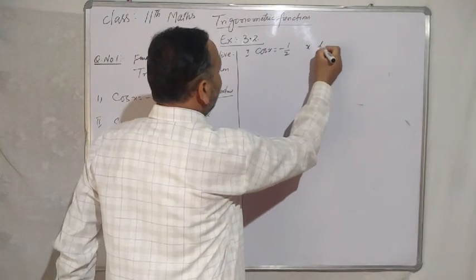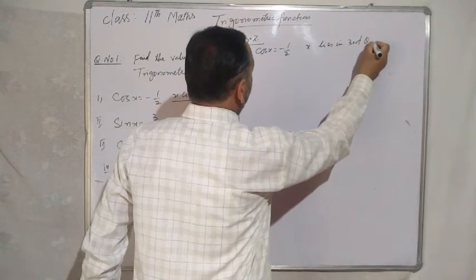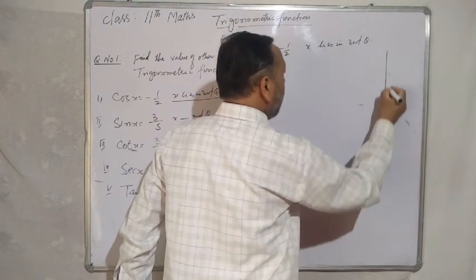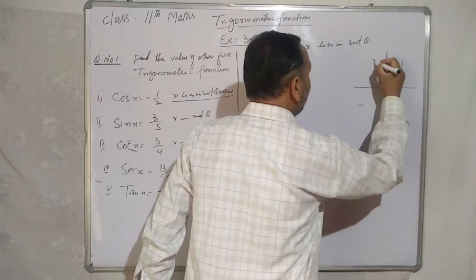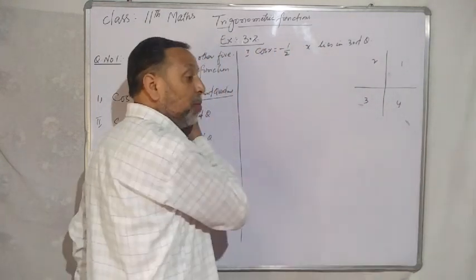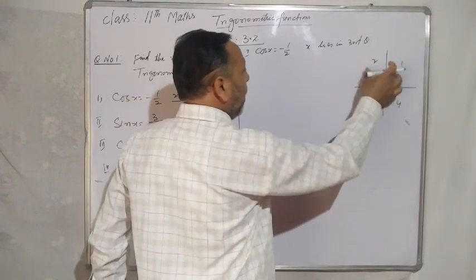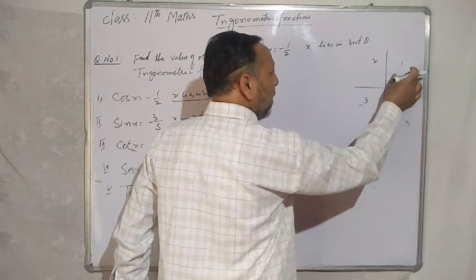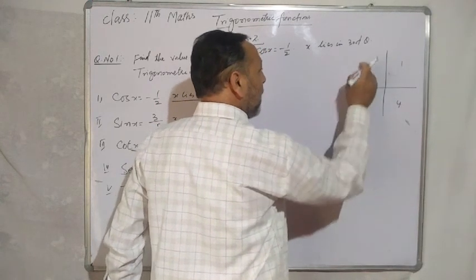X lies in third quadrant. So if we draw quadrants here, this is first quadrant, this is second, this is third, and this is fourth. If you remember, I have already told you that in first quadrant all functions are positive. In second quadrant sine and cosec are positive, others are negative.